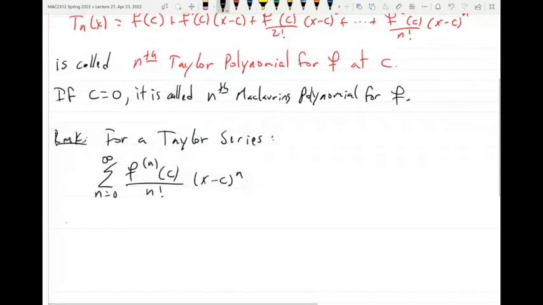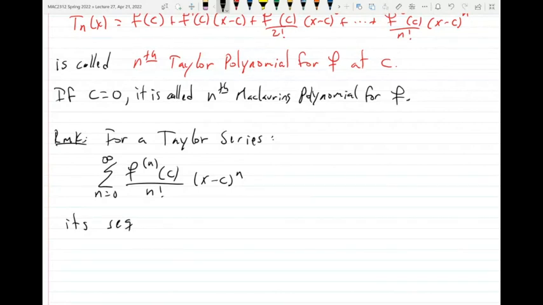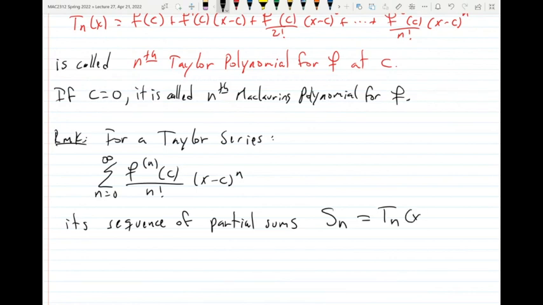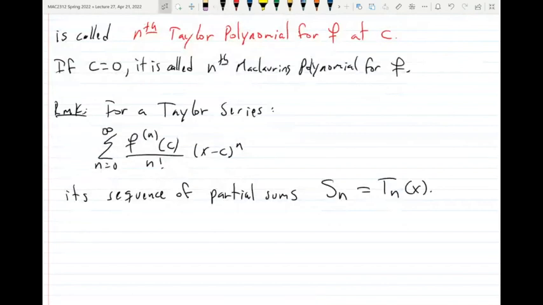So for this Taylor series, the sequence of partial sums Sn is actually the nth Taylor polynomial. Okay? So Taylor series and Taylor polynomials, of course, are related because the Taylor series converges as long as the limit of the Taylor polynomial as n approaches infinity converges, right? Because that's how we define convergence of a series. If the limit of the sequence of partial sums converges.